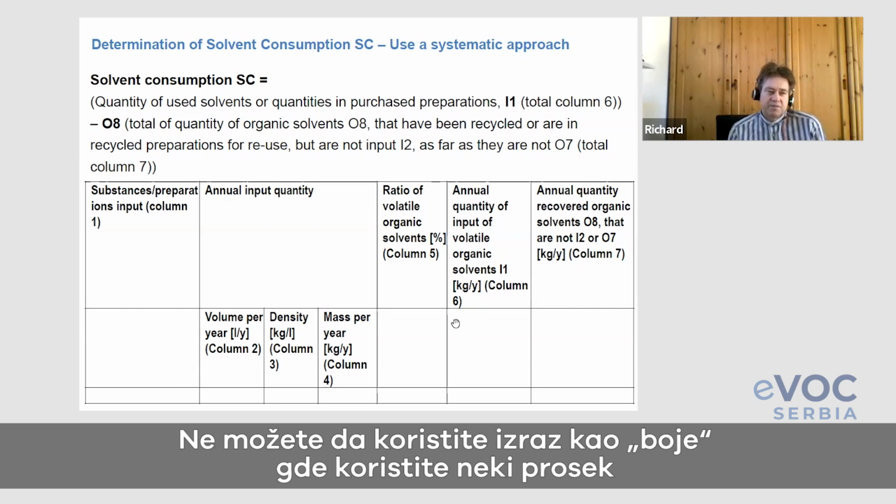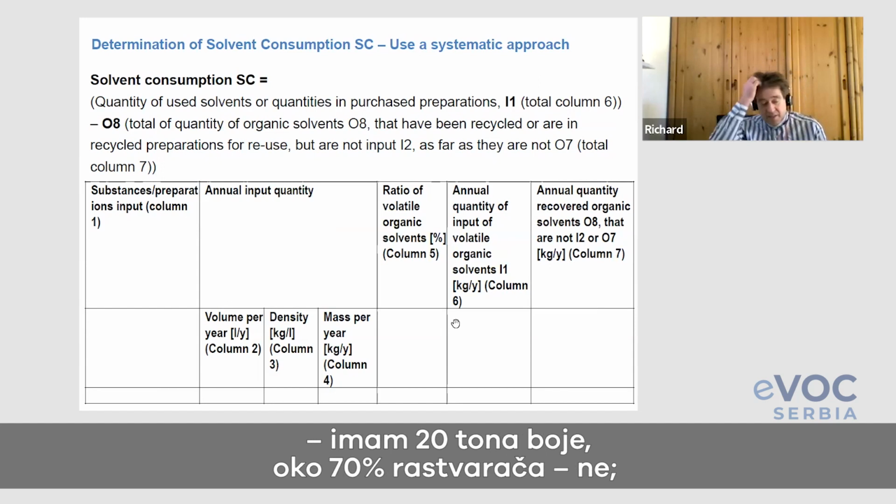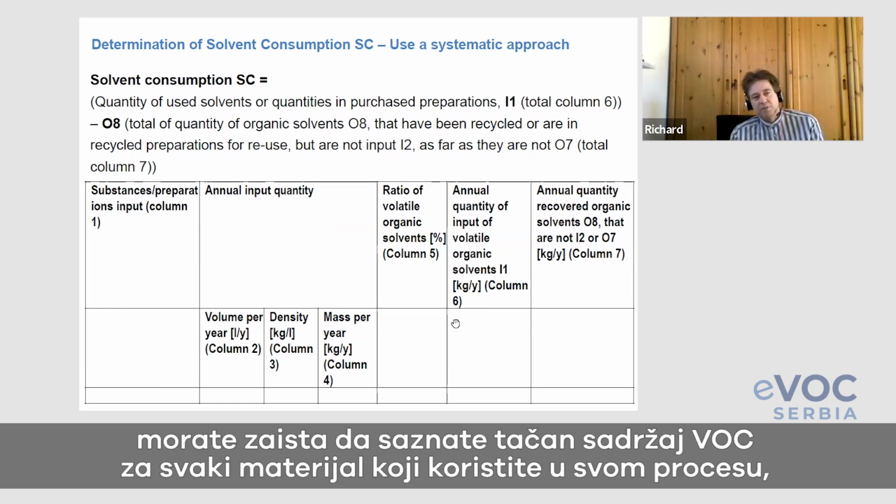It's not possible that, for example, you have a term like printing inks, and then you do an average. For example, you say, oh, I have 20 tons of printing inks, and I make now 70% solvent, and that's it. No, you must get the information on each material that you use for the printing process.